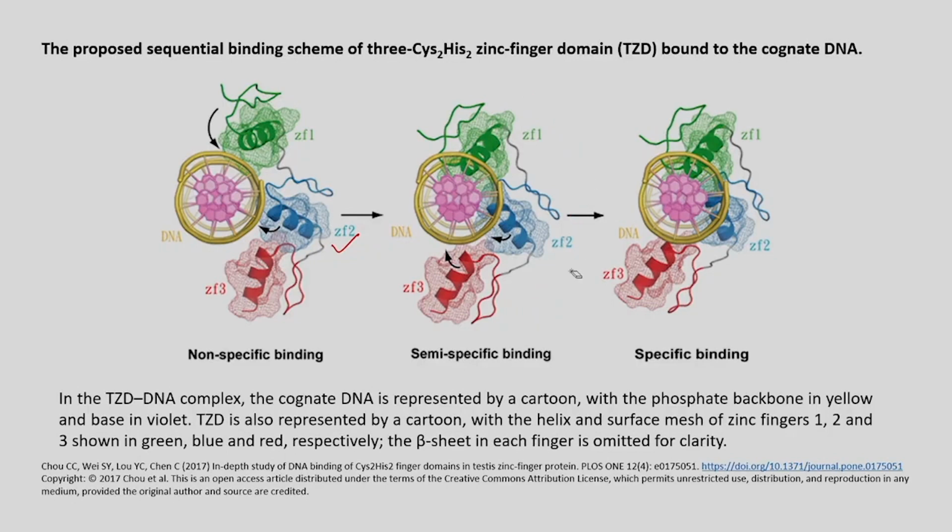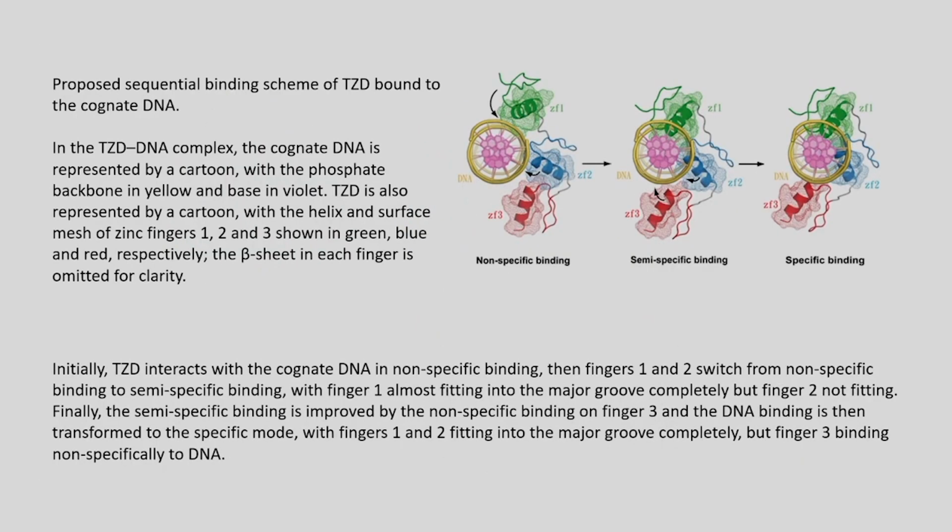This goes on and on until it finds its cognate sequence, and then it changes to the specific binding already discussed. So, this is not a very simple reaction; it is quite dynamic, and it is a hit and trial method by which a zinc finger finds its cognate DNA sequence.